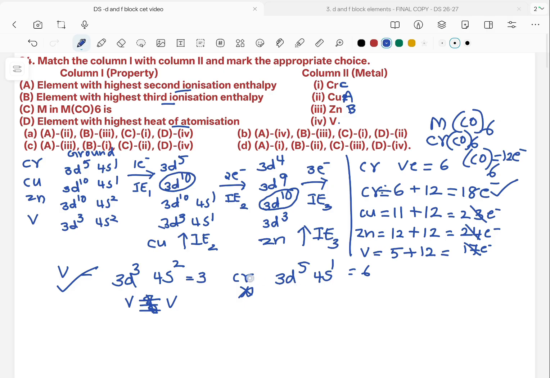Therefore, compared with chromium, vanadium will have high heat of atomization. So for D, 4 should be the answer. So when you look at the options here, option A is suitable for all of this: A 2, B 3, C 1 and D 4.